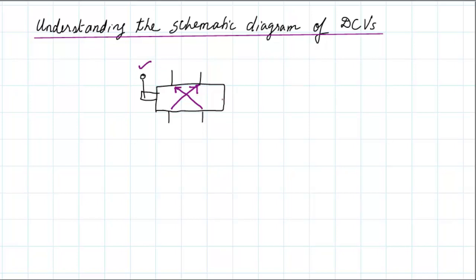So based on that, when we draw a schematic diagram of a directional control valve, what should we take care of? One by one, let us see.